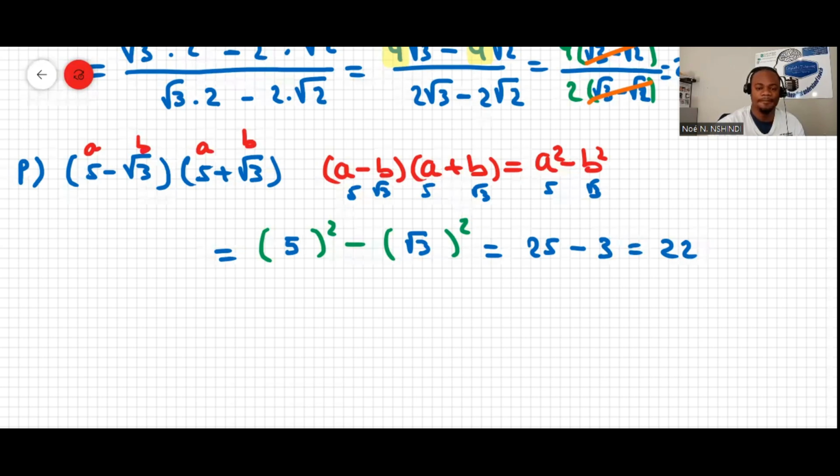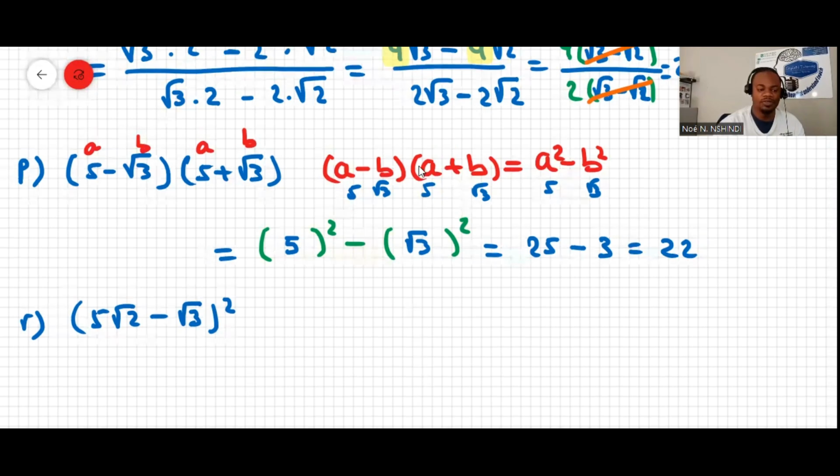Okay. We can continue. We can do question R, which is given by 5 root 2 minus square root of 3, raised to the power of 2. Now this property is called the perfect square.